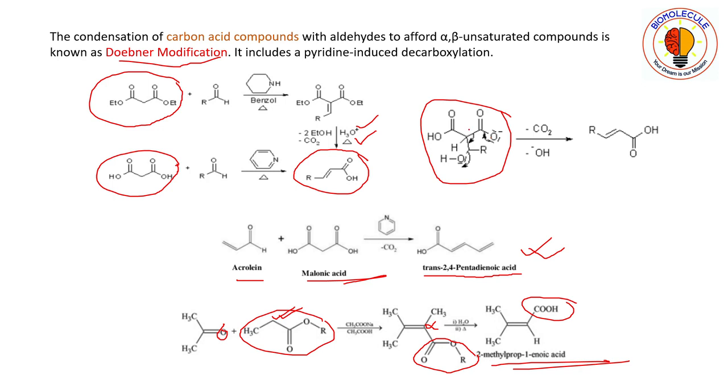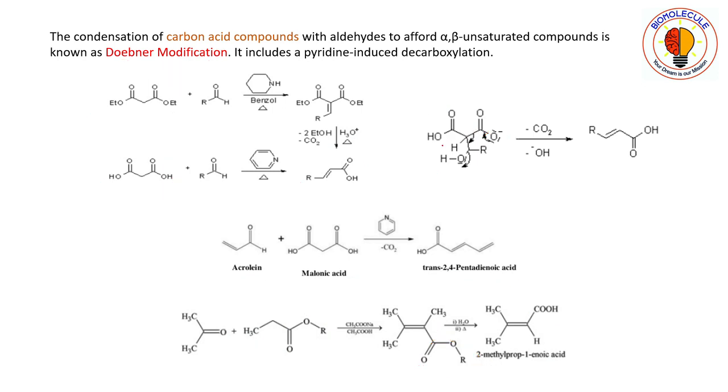See over here, this one is the beta keto acid. If you consider this one as ketone and this one as acid, then this carbon is the alpha carbon and this carbon is the beta carbon. So if you heat beta keto acid compounds, then they undergo decarboxylation to give you alpha beta unsaturation. So this one is the Dobner modification.